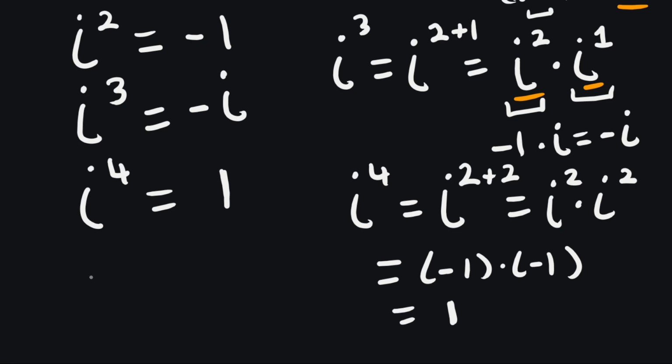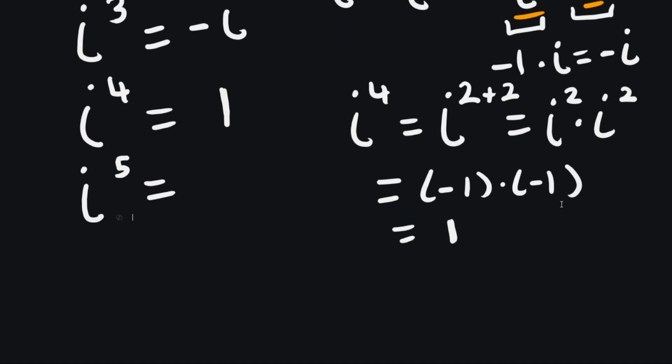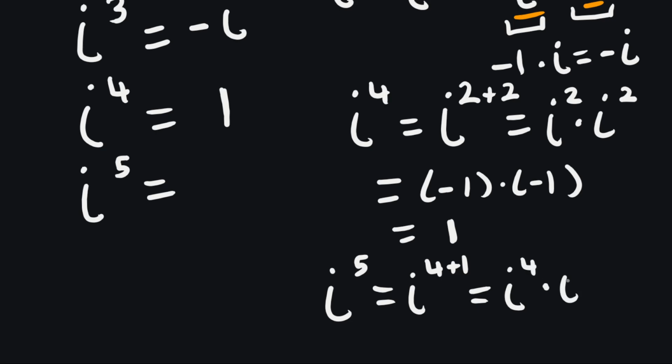And good, let's go just a few more. So let's go to i to the fifth. i to the fifth, how do we get there? So i to the fifth is simply i to the 4 plus 1 power. And we can break that up, i to the fourth times i to the 1. What did we say i to the fourth was? i to the fourth, as we just evaluated, is 1.